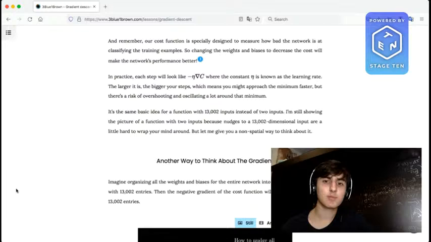So, the negative gradient tells us what nudges would cause the most rapid decrease to the cost function. Each component of the negative gradient vector tells us two things. The sign tells us whether the corresponding component of the input should be up or down.